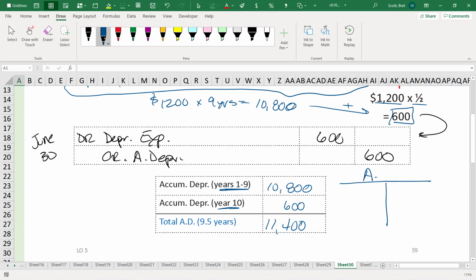So in the accumulated depreciation T account, what we would see is 1,200, etc., for 9 years, and then in the 10th year, we would have 600. So total accumulated depreciation by the time we sell it is 11,400. Why is that important? We're going to look at that next.